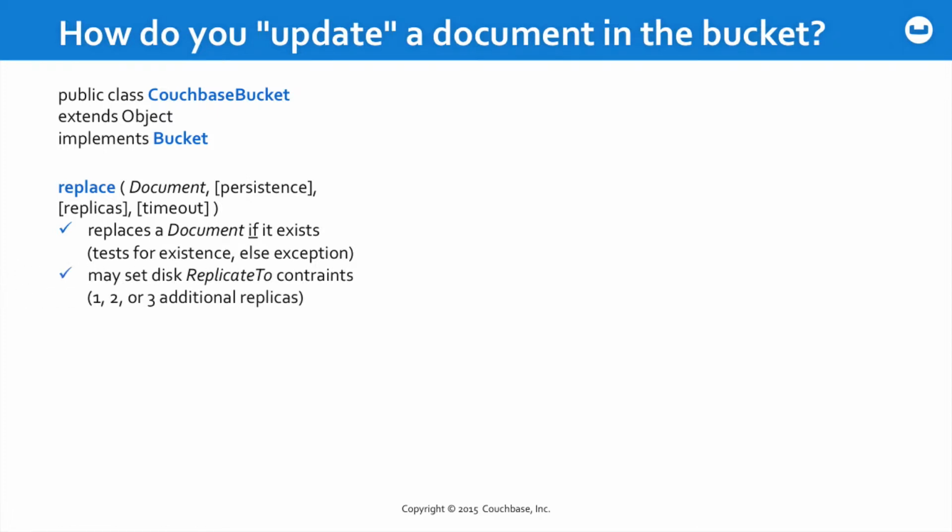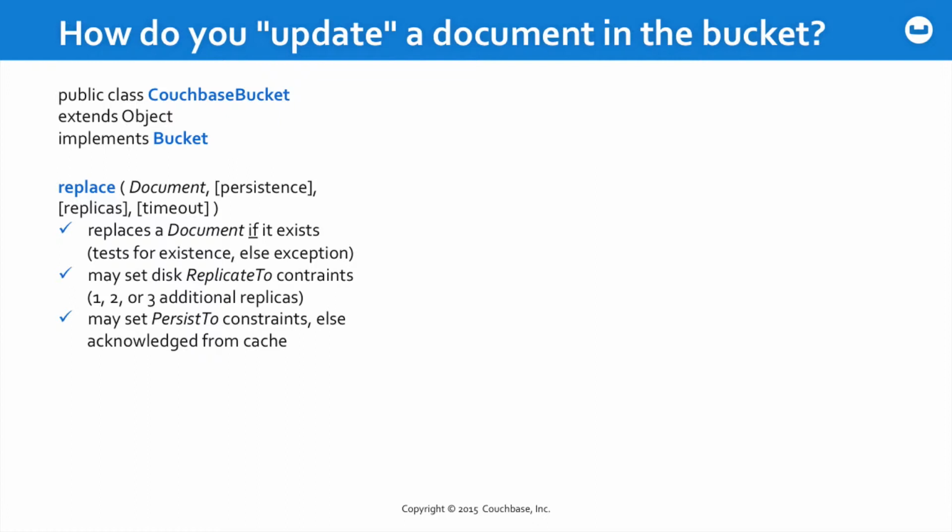Now you can set the disk with further replication constraints if you want to force creation of 1, 2, or 3 additional replicas in addition to the original document. As we've said elsewhere, look for best practices around this before assuming you need to create replicas. You can also set persistence constraints.